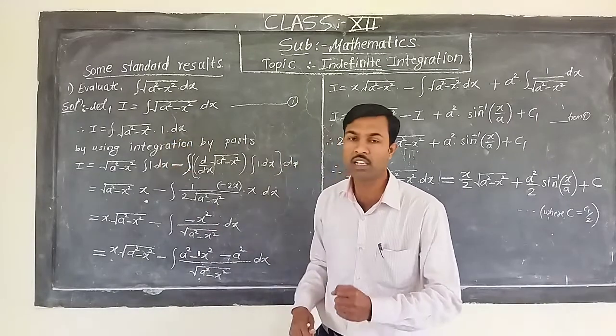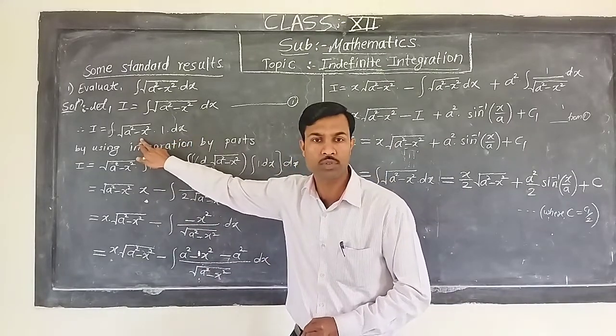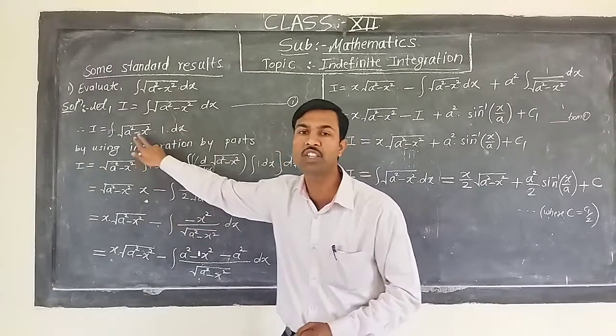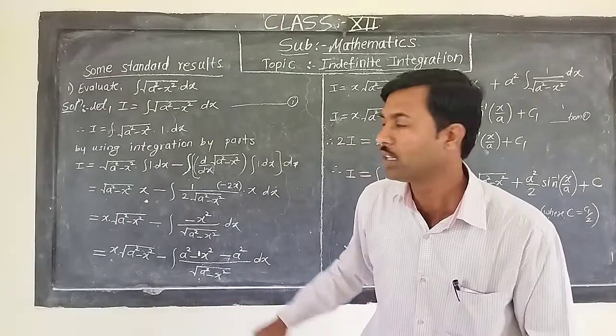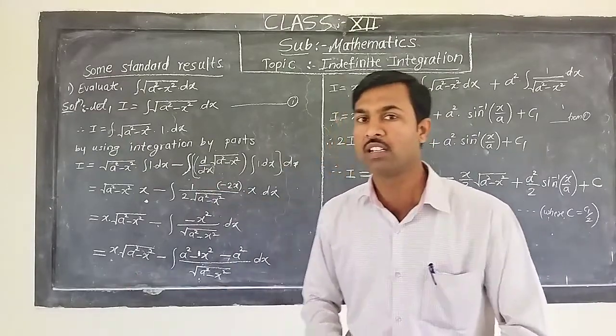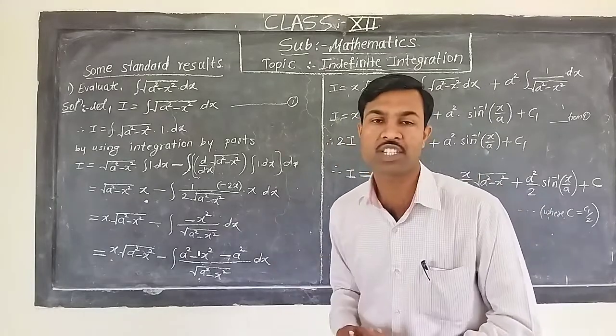So the second term I have taken is 1. Now there is a multiplication of two functions: the first is under root of a square minus x square and the second function is 1. Now we can apply integration by parts here.